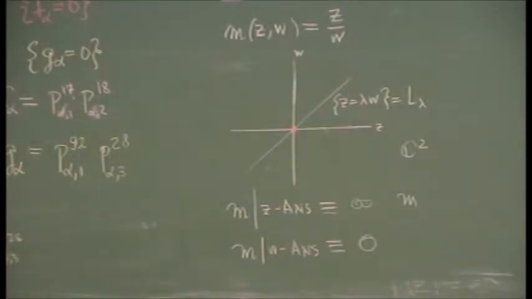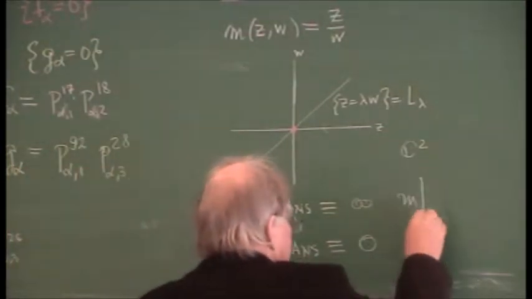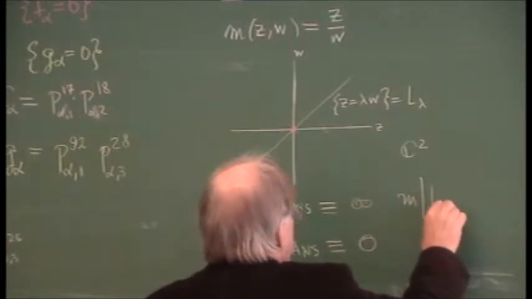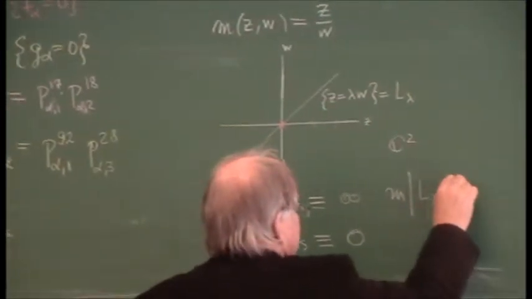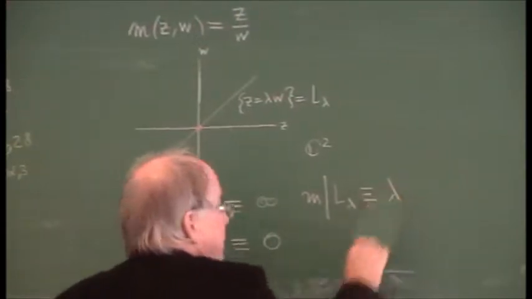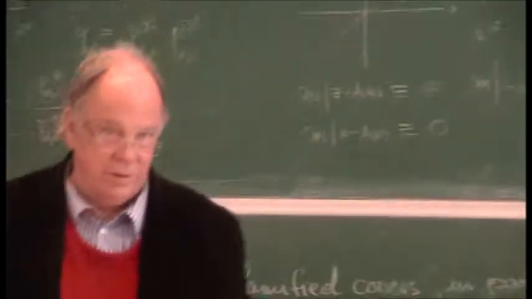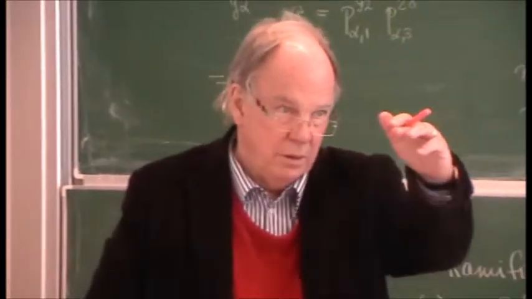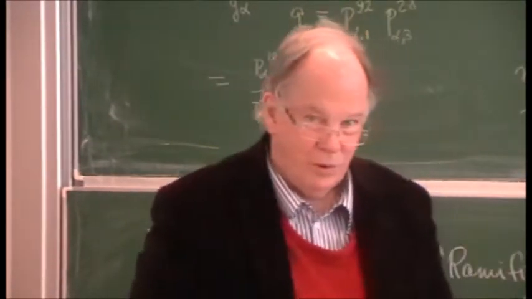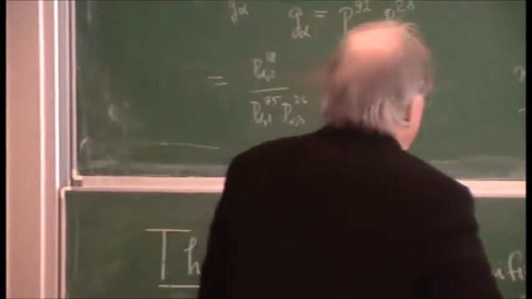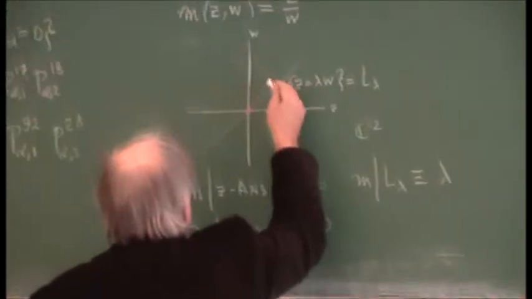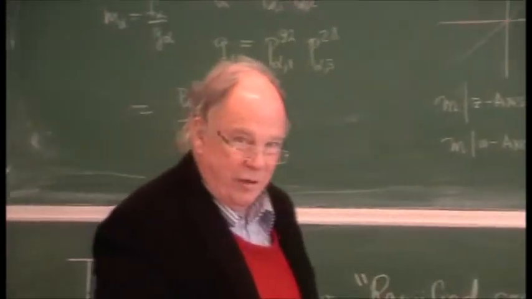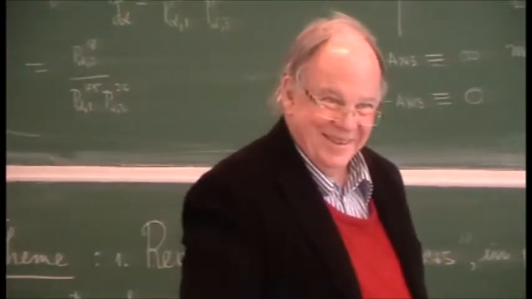M restricted to the line L lambda is, if I'm lucky, and I am lucky, identical to lambda. So the value at this red point is very, very mysterious. Okay?